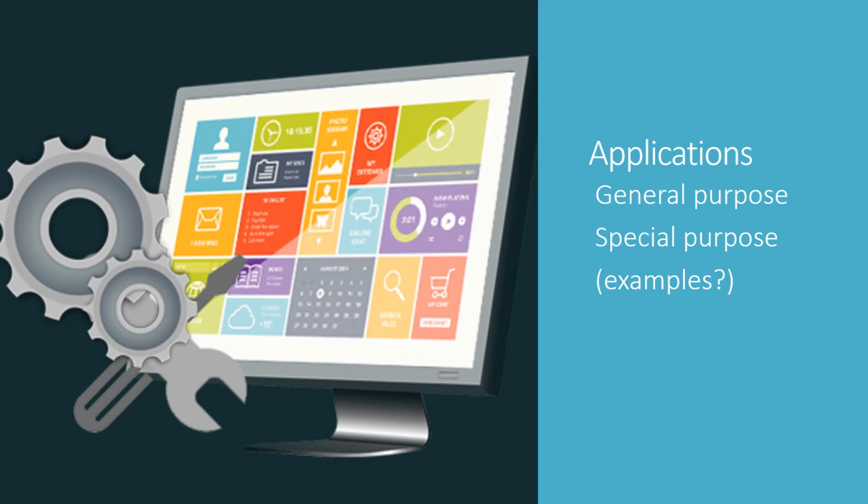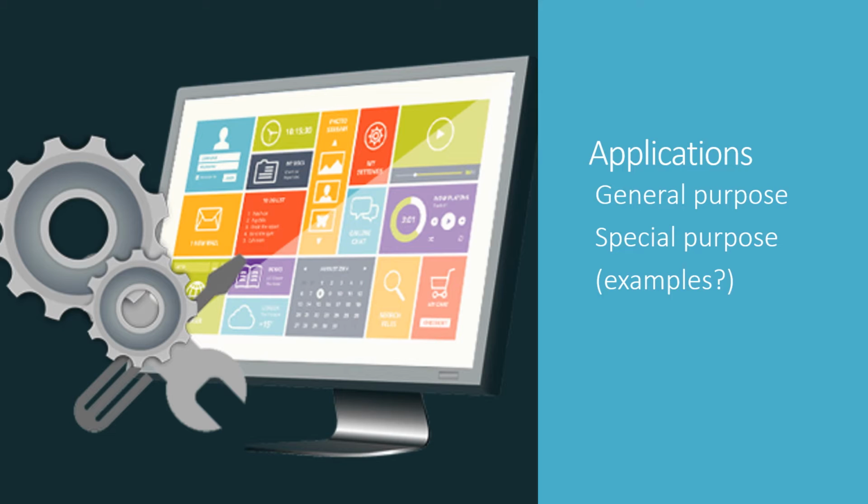On the other hand, application software do tasks for us, and we can categorize application software into two broad groups: general purpose, also called generic software, and special purpose software. General purpose software is usable for many different tasks, whereas special purpose software is used for just one task.